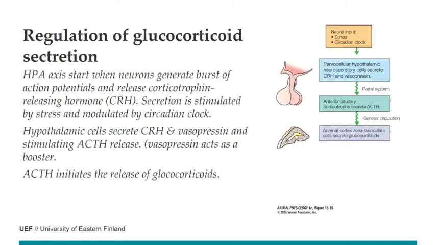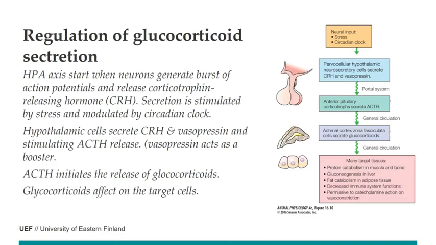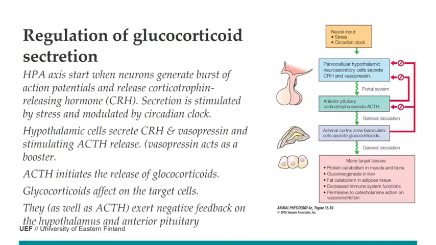Then when we have the ACTH in the circulation, it will initiate the release of glucocorticoids in the adrenal cortex. And these glucocorticoids are then affecting the target tissues, mainly the energy metabolism, but also the immune system, etc. So it has several different kinds of end results. And surprise, there's also a negative feedback.